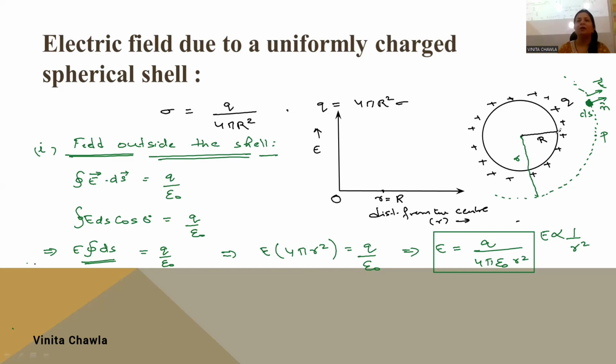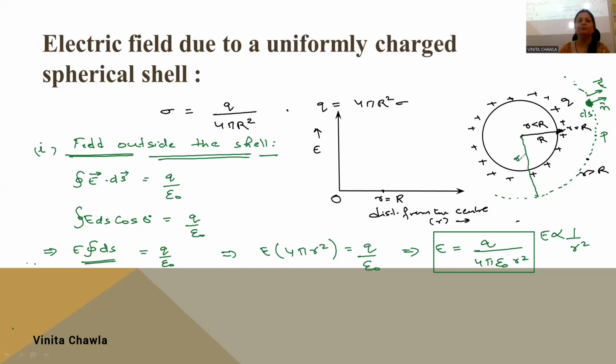If we consider a point P here, then the Gaussian surface would be here only, and small r becomes R. And if we go inside the spherical shell, then small r is less than R. On the surface, small r is equal to R. Outside the surface, small r is greater than R. So it depends upon the location of point P. Where the point is, there we have the spherical shell, and accordingly we'll have the radius of the spherical Gaussian surface, right?